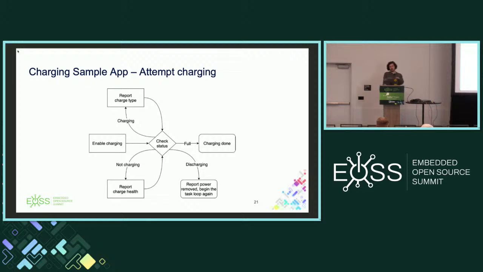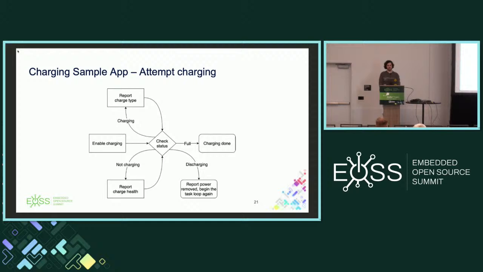And so if you enable charging and you see that you're not charging, that is to mean that there is power provided, you tried to charge a battery and you're still not charging, then something has gone wrong. So you would report the charge health property and see what you would do. In the case of the sample application, it does nothing, because it doesn't go into specifics on how to handle each possible health outcome.